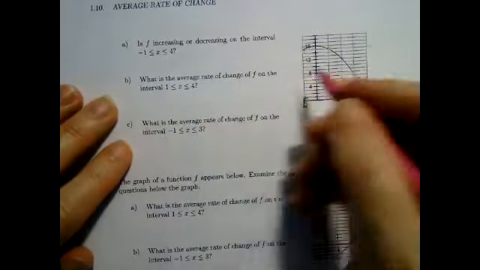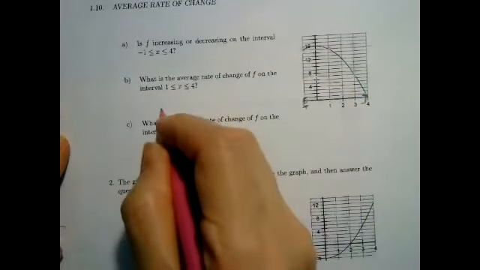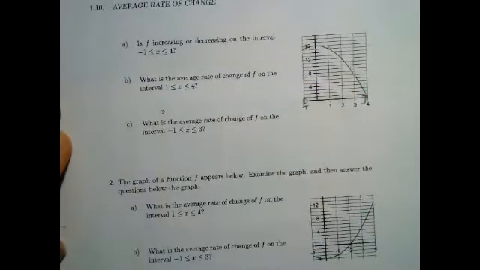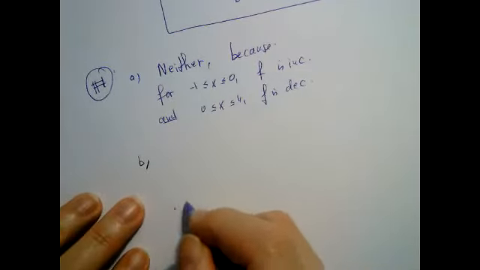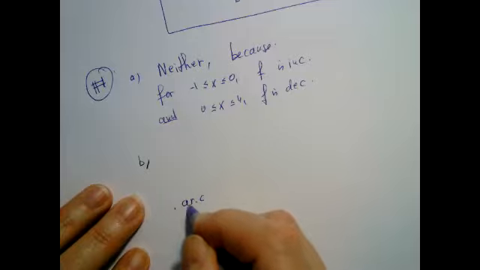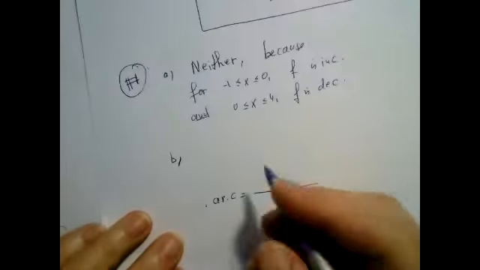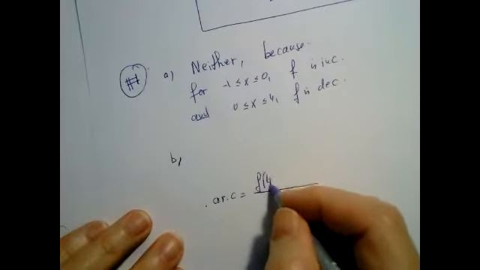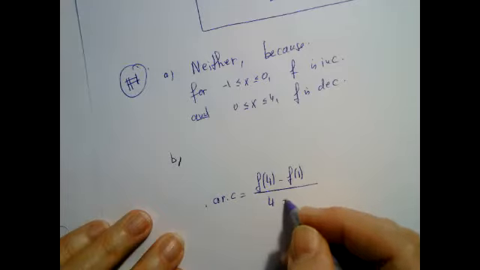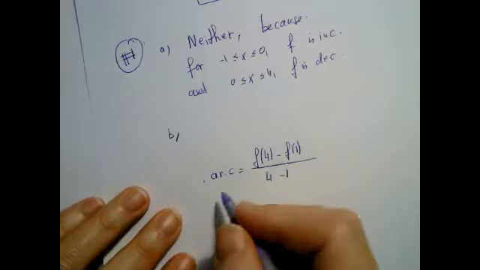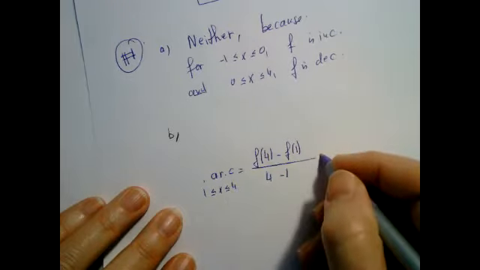I'll write it here, so I'm going to skip a line. The average rate, for x between 1 and 4, is f of 4 minus f of 1 over 4 minus 1.